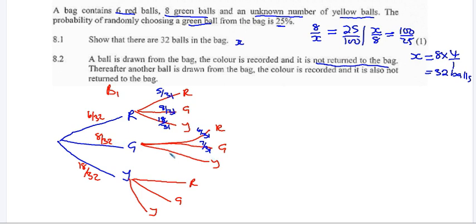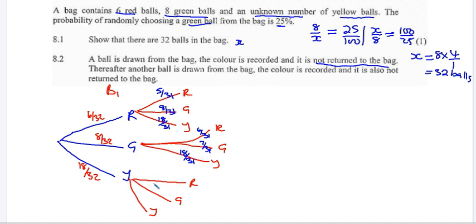And then the next one, we picked a green one and we are still left with 18 yellow balls. So this is 18 over, it's now 31 because we removed one here. So we're left with a total of 31.